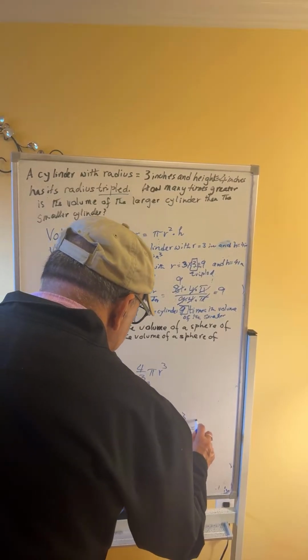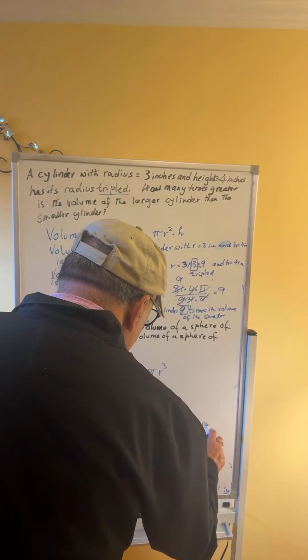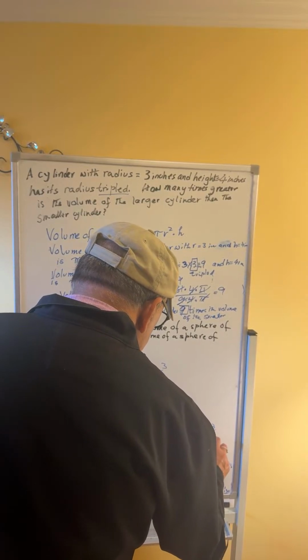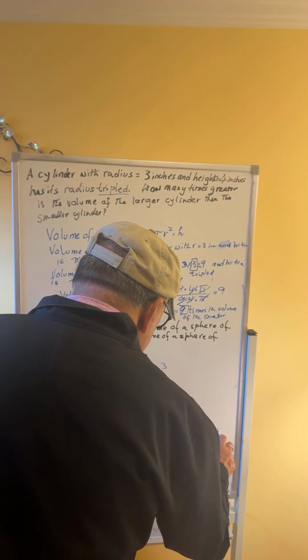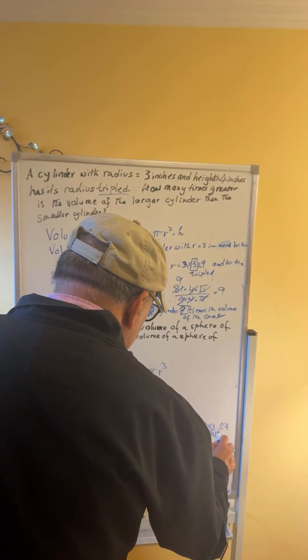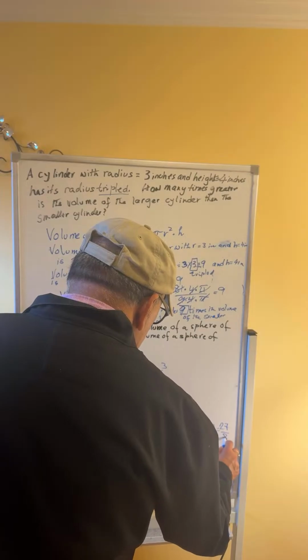Now 3 cubed is 3 times 3 times 3, and 2 cubed is 2 times 2 times 2. So this is 27, 3 times 3 is 9, 9 times 3 is 27, divided by 8.